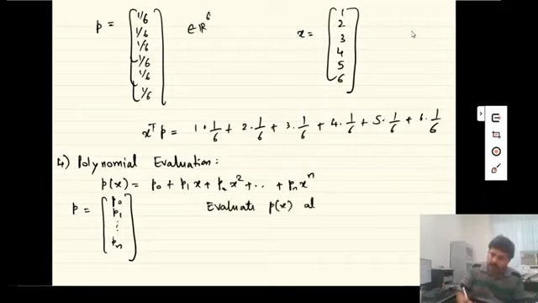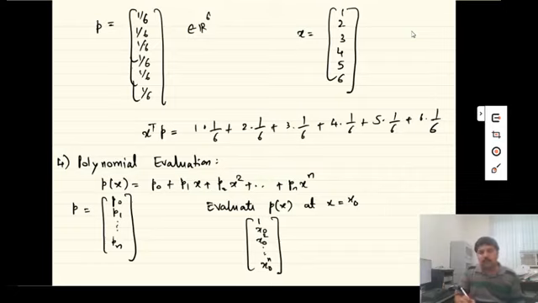and I want to evaluate P(x) at x is equal to x0. If I want to do that, then I construct a vector. So suppose I construct the vector, which is nothing but 1, x0, x0 square, up to x0 to the power n, right? So this is the vector. Let us call this vector E. Then what is E transpose P?